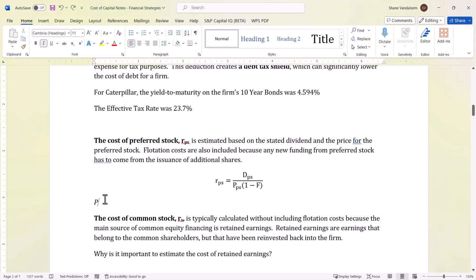So preferred stock is generally not issued by companies, especially ones that are not financial institutions. Preferred stock is generally issued by financial institutions as a replacement for long-term debt.